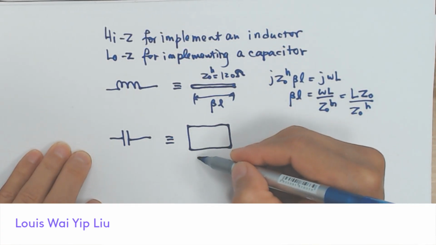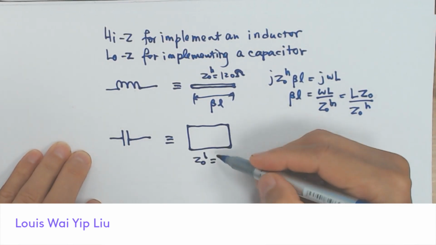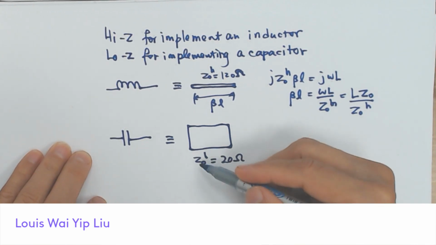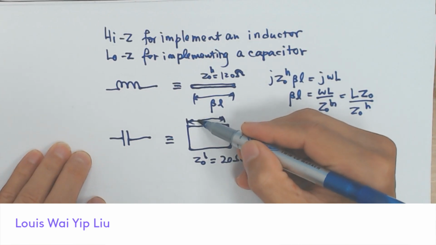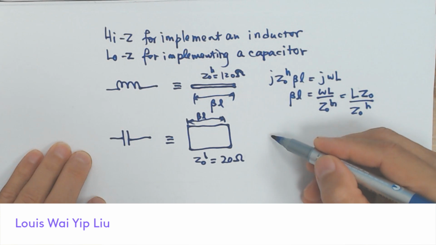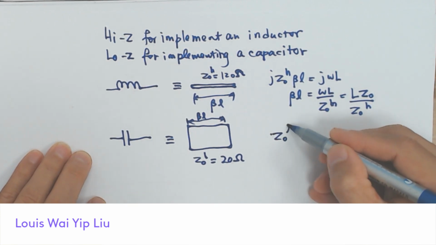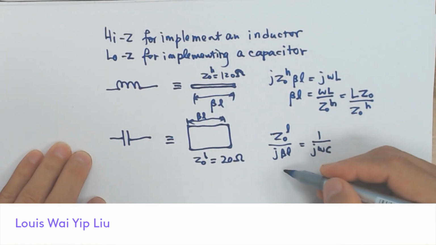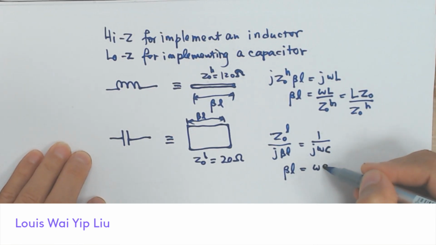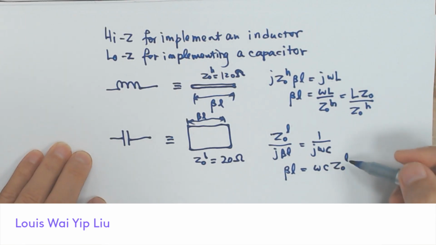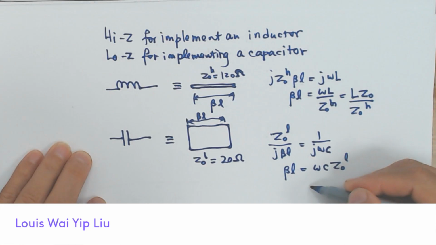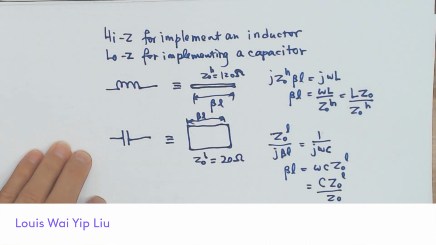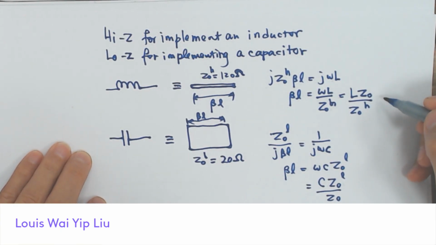Say the low Z is equal to 20 ohm, and the length here is beta L, and as a result, we have V naught divided by V. Normally we express the electrical wavelength in degrees.